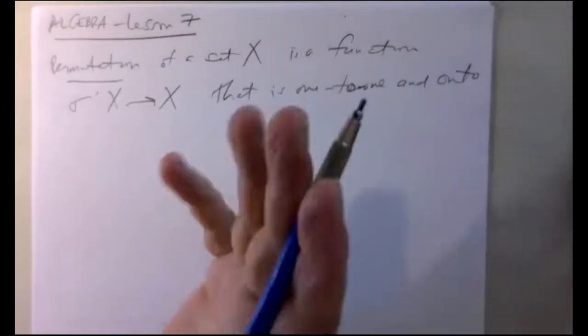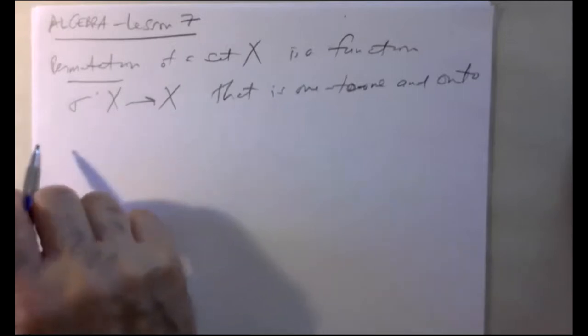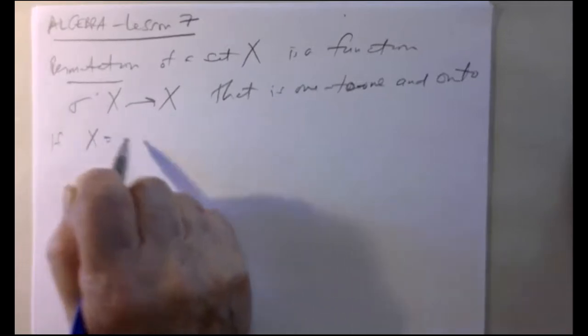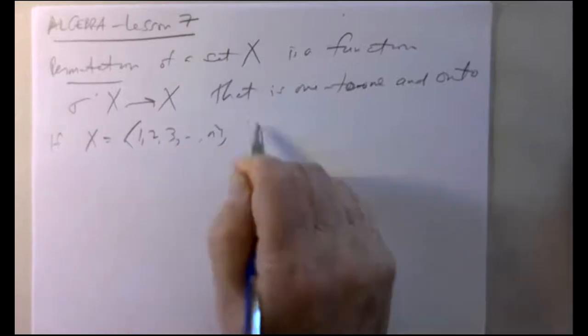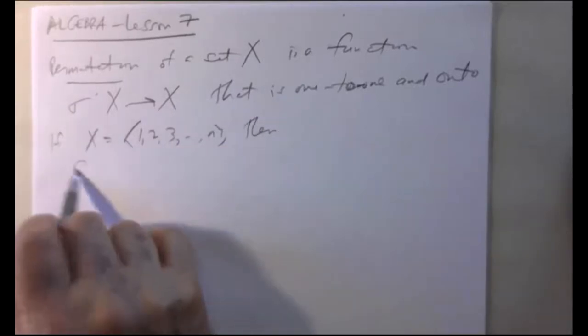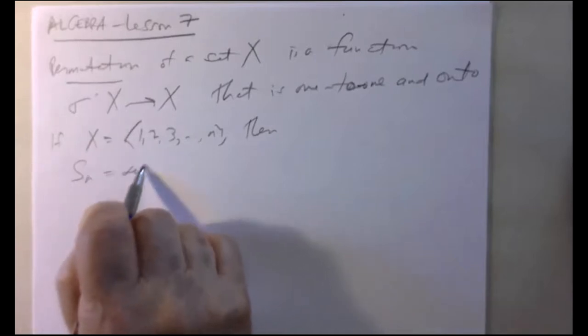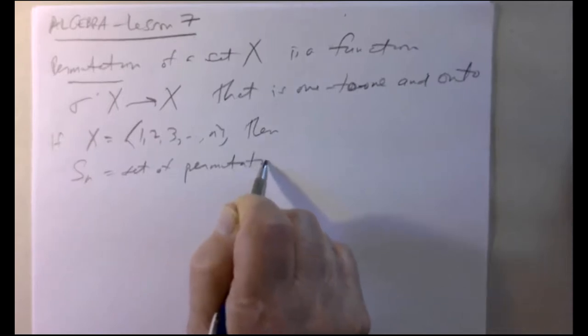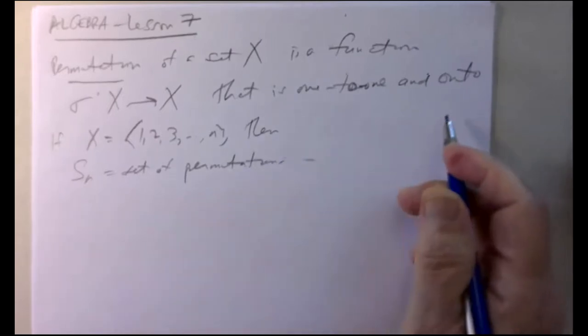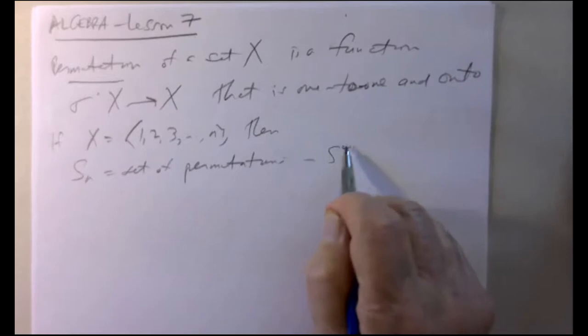And the set X can be any set, finite, infinite. If X is the set of the first n positive integers, then Sn is the set of permutations, which is a group, and it is called the symmetric group.